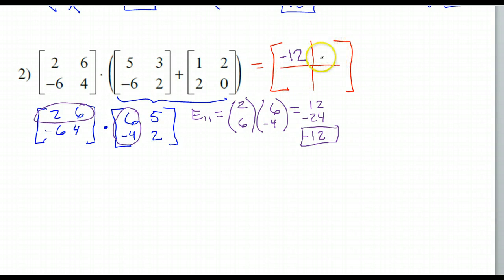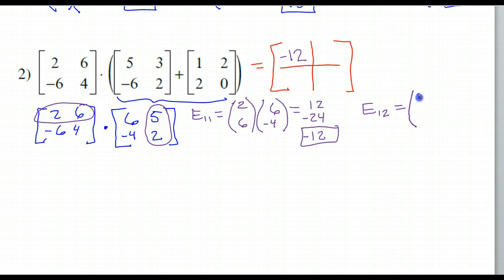Now if I put these together, that's going to be negative 12. So that gives me my first element. Now, coming over here, this is going to be element 1,2, because this is row 1, column 2. So that means I have to do row 1 times column 2. There's row 1, here's column 2.